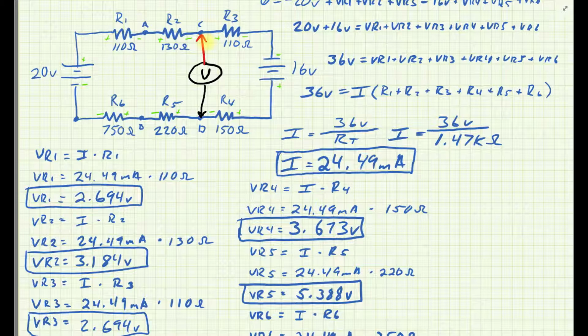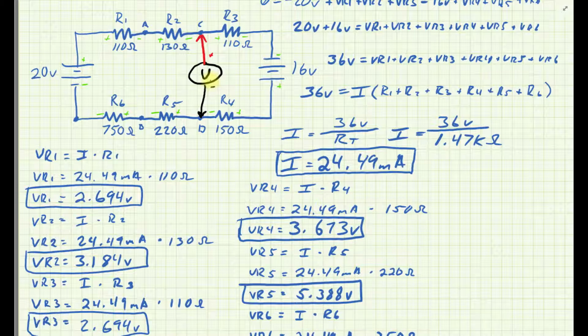I use that as a stand-in because I don't know the polarity yet, so the result will come in either negative or positive, and that will tell me what my voltage is.